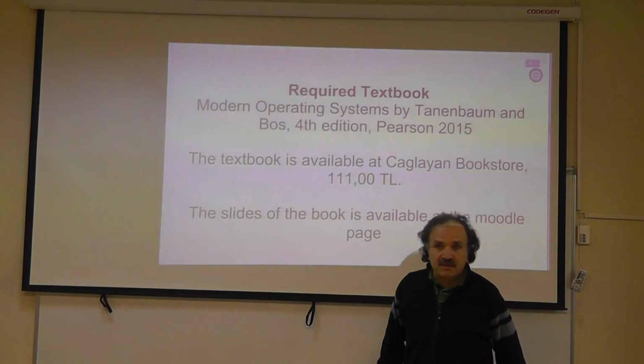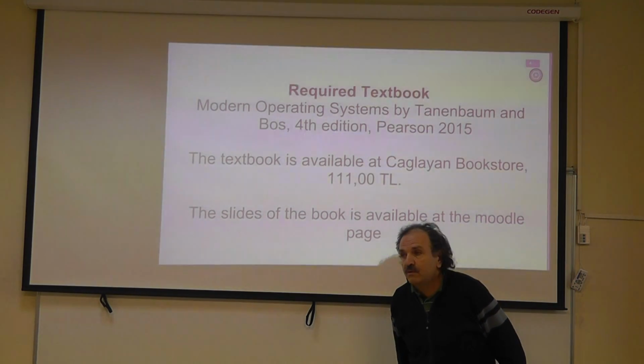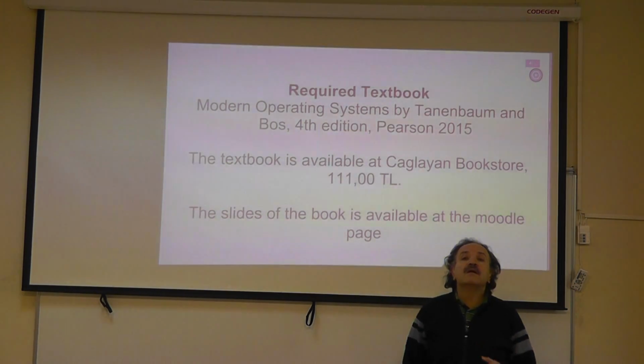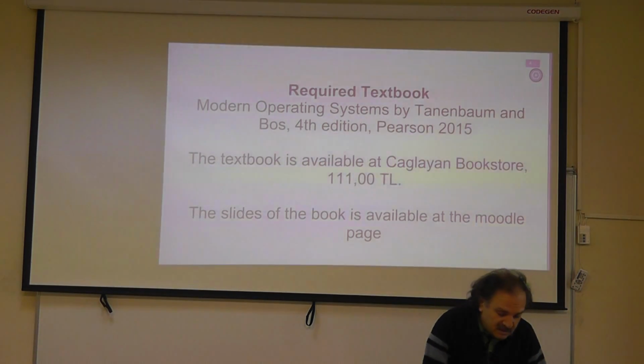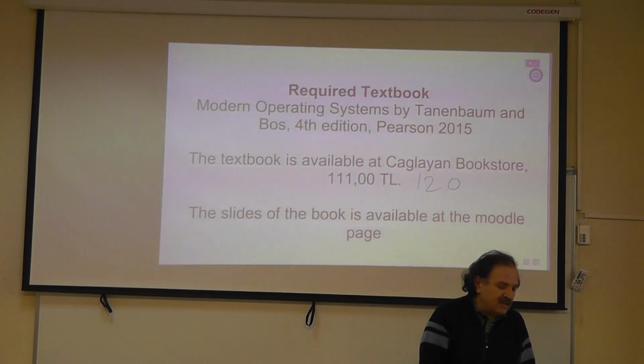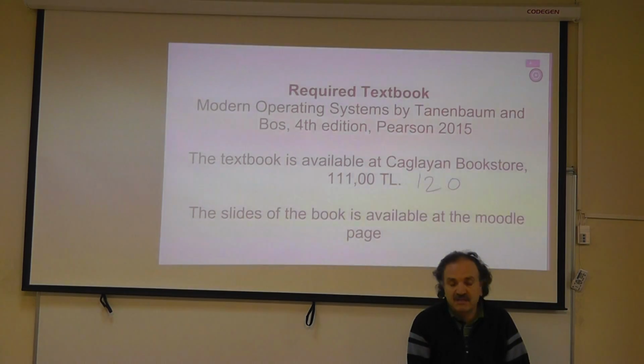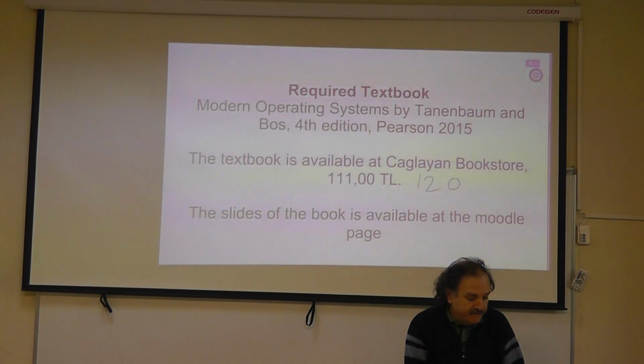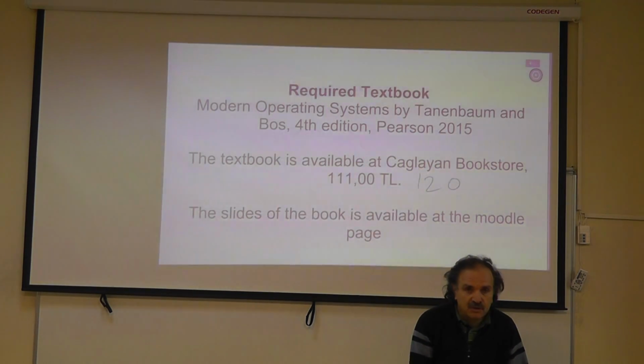This year I don't know how much it is. Does anybody know how much it is? So it is around 120 this year. I would say that if you have the money, buy this book. It's a very good book. It's a classical book, and it should be very helpful in this class.